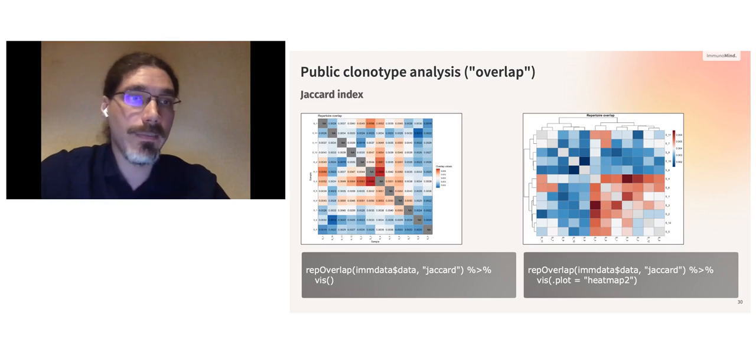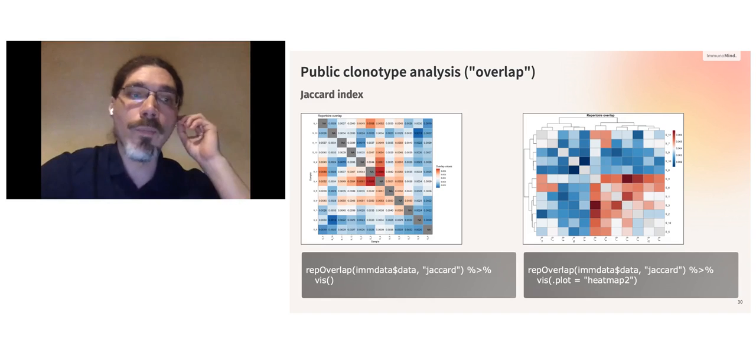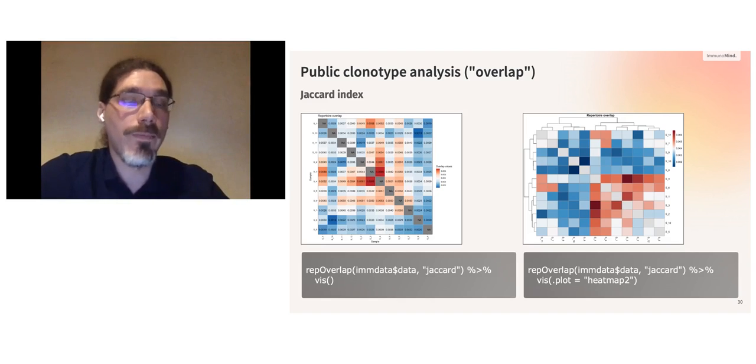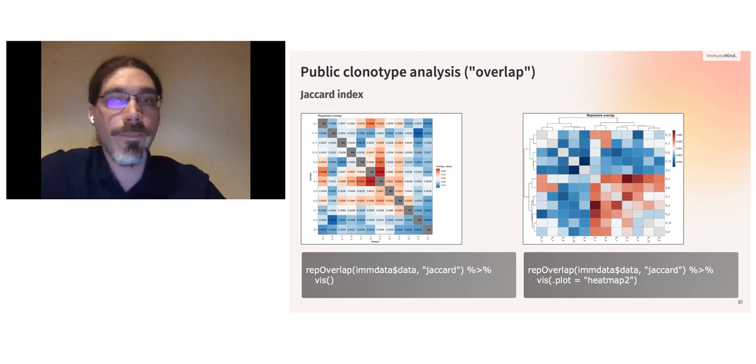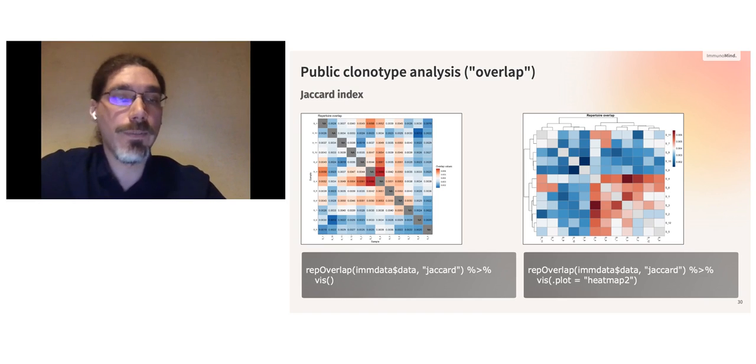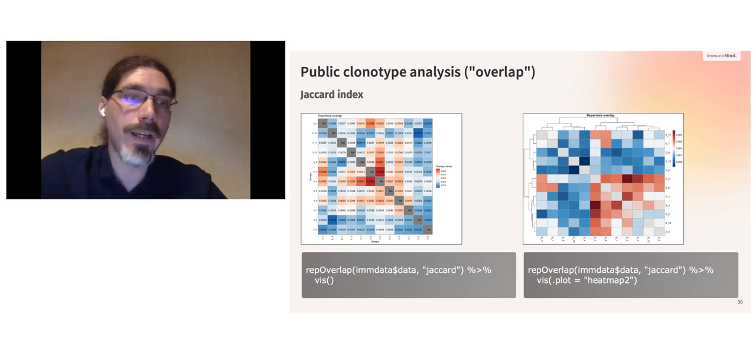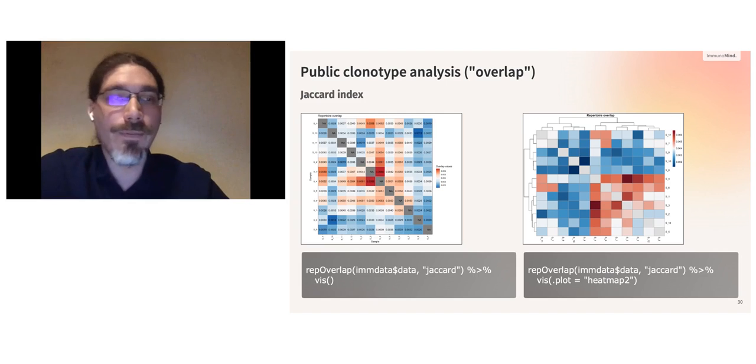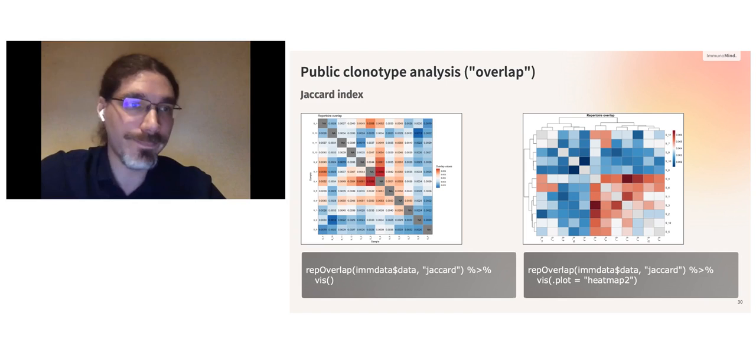To visualize the Jaccard index, you need to run the rep overlap function with the Jaccard method name, bottom left box, and apply the one function that rules them all, the viz function.